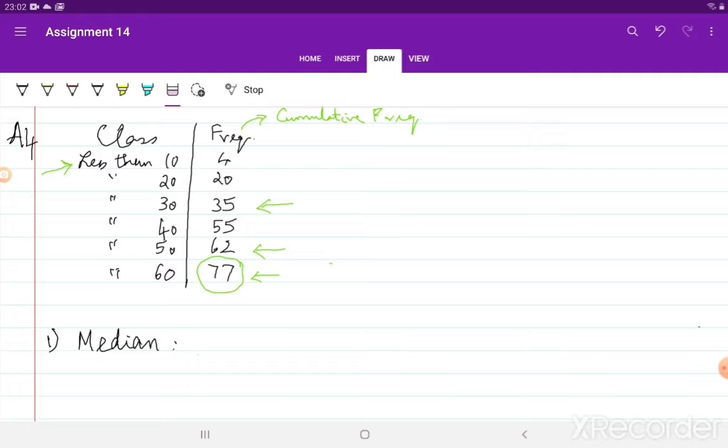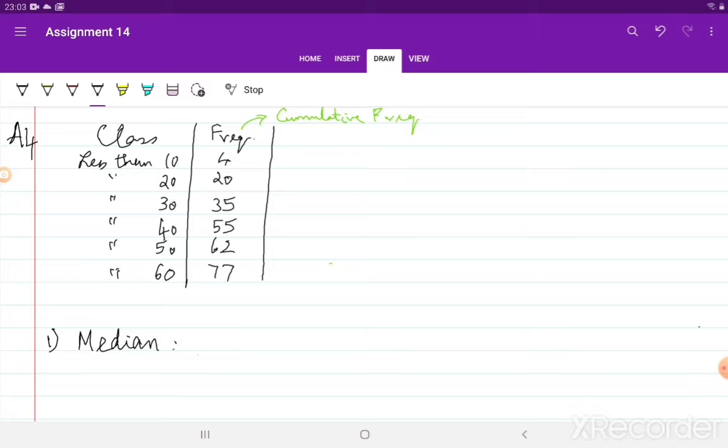So now that we know it's the cumulative frequency, the first thing that will be helpful to us is to convert this into the regular class intervals. As you can see that the upper limit 10, 20, 30, 40, the distance between the upper limits is uniform. Everything is at a distance of 10 units.